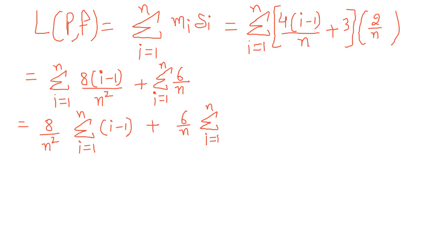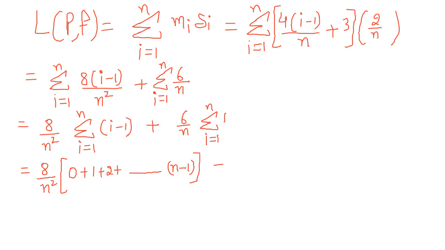We will practice all these questions. 8 by n square: put i equal to 1, it is 0. Put i equal to 2, it is 1. Put i equal to 3, it is 2, and so on up to n minus 1.